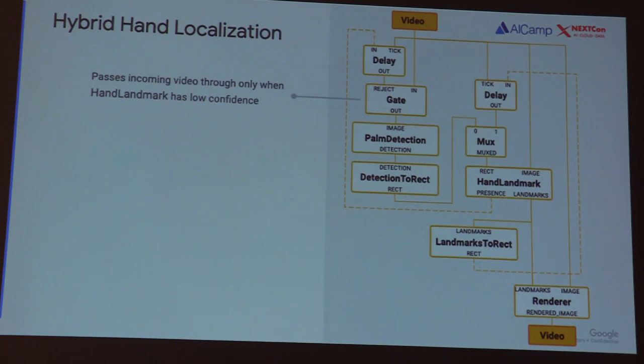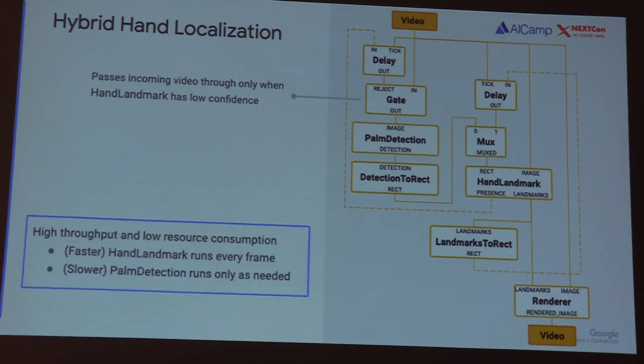And if the hand landmark for some reason fails, for example, the hand has become obscured or is out of the video frame, then we run palm detection again whenever the hand comes back into frame. So this is just an example of how having a framework for composing an algorithm from components can make the job of optimizing algorithms more feasible.